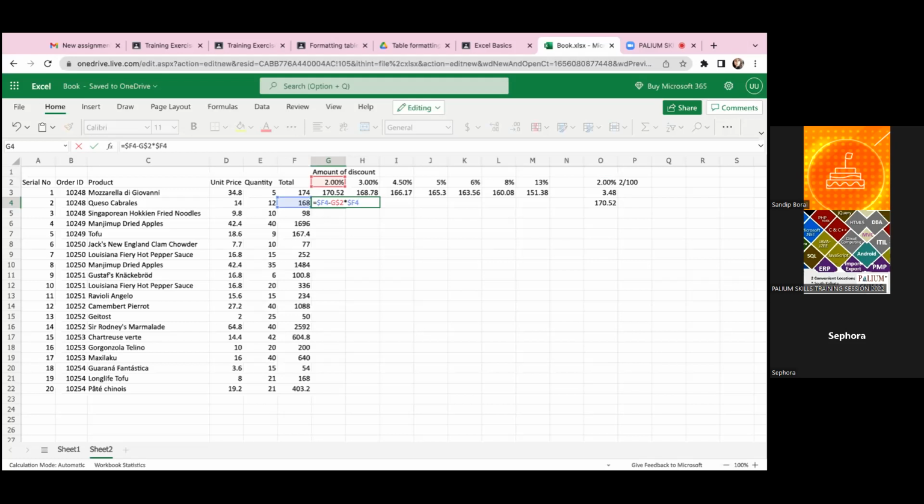Press enter. Now that 164.64, move it to the right and see. Copy it to the right and see. Now click on 162 and see what has happened. This is correct.